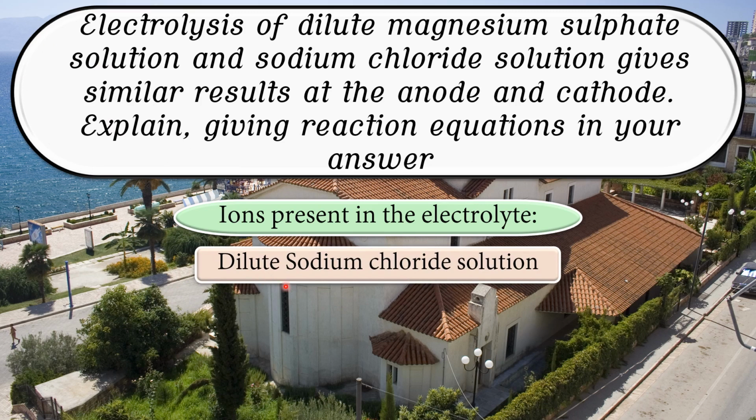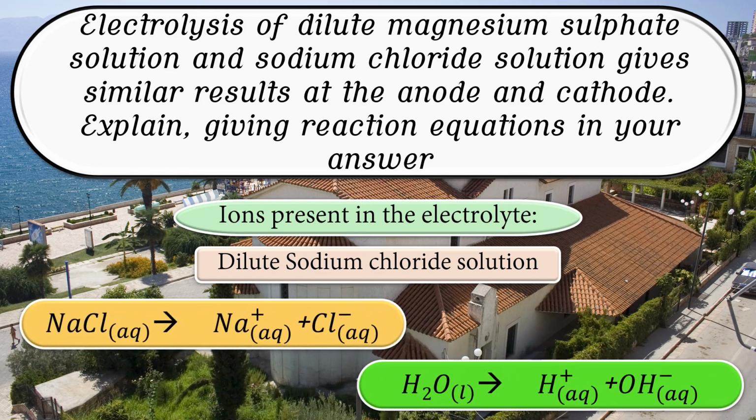Then we have our dilute sodium chloride solution, which is an electrolyte. Can we guess the ions that we are going to get from dilute sodium chloride solution? So sodium chloride solution is going to give us sodium ions.